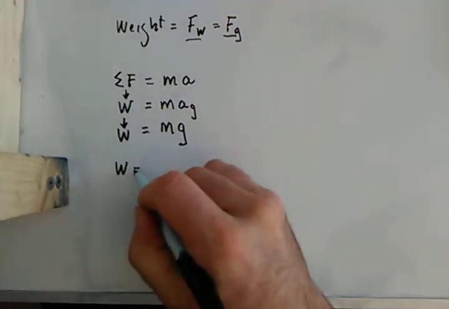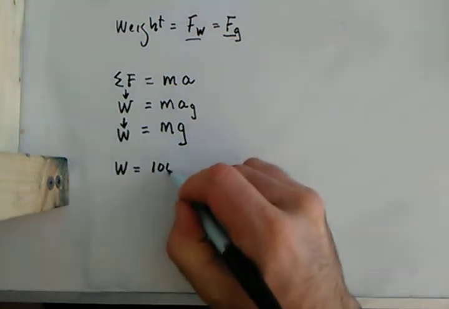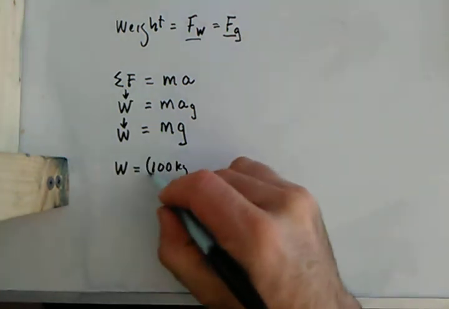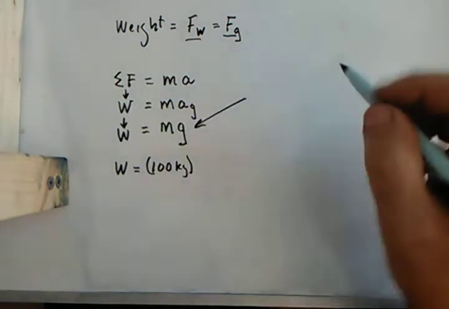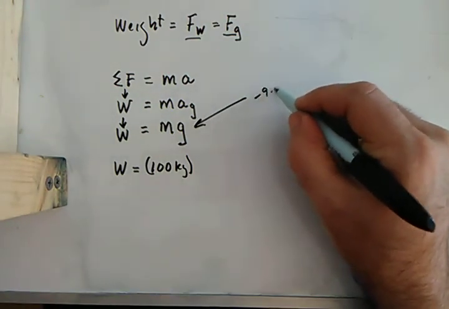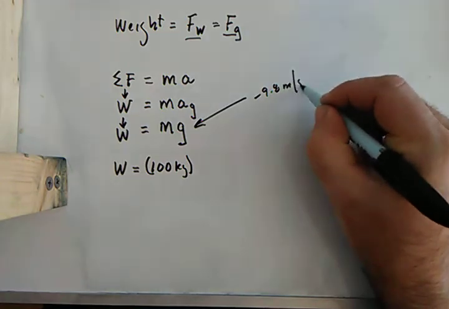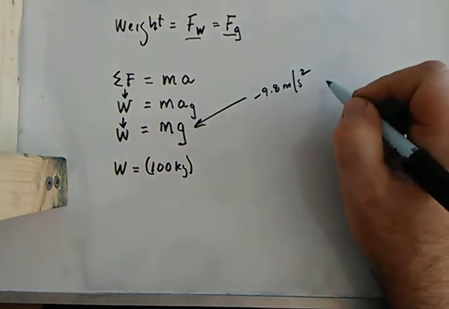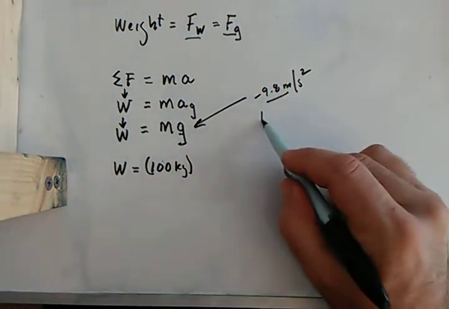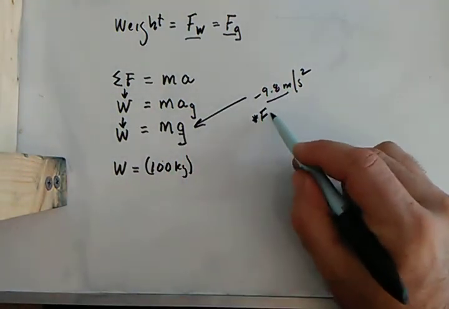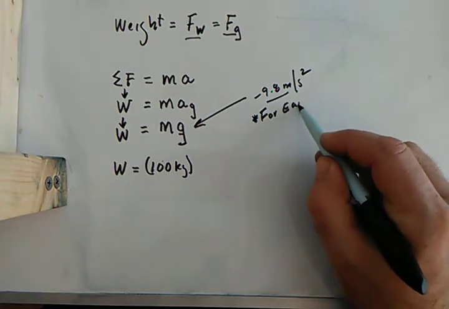So look, I'm going to give you a typical, very simple situation where it's asking you to find the weight of a 100 kilogram person. Now, we know from back in the day that gravity is negative 9.8 meters per second squared. That's the number that we're going to plug in, for Earth.